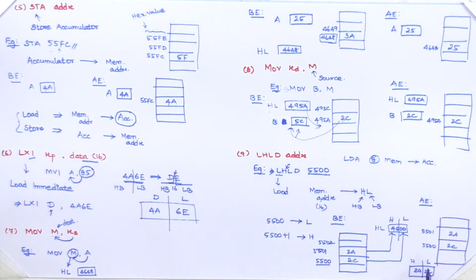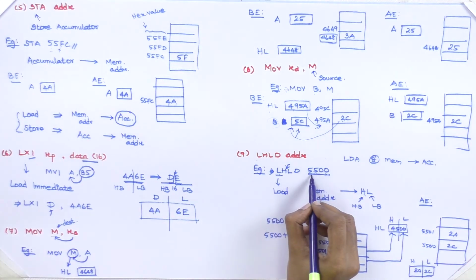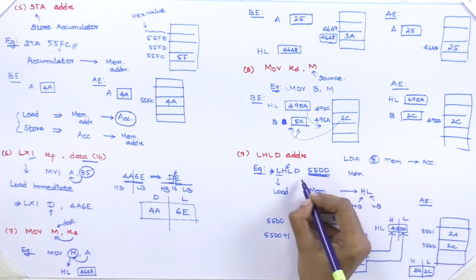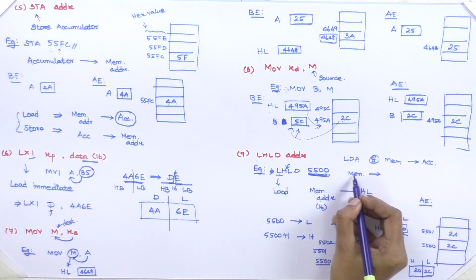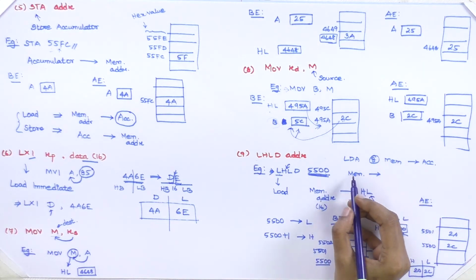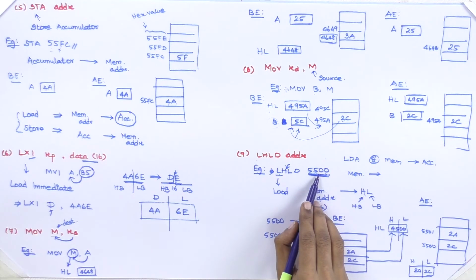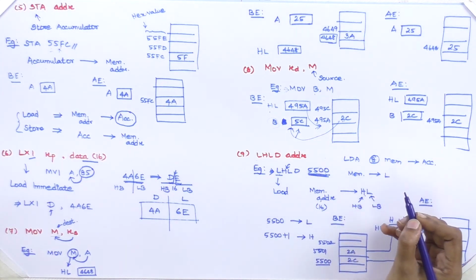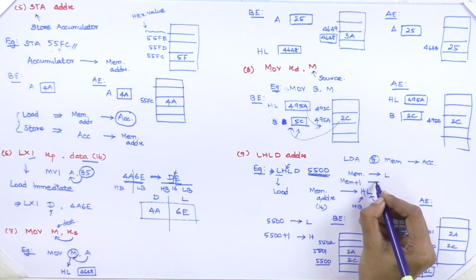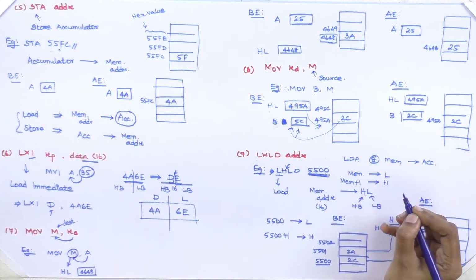Load is nothing but loading the processor with the value from the memory. The value stored in the address mentioned in the instruction goes to L, and the value in that address plus 1 will be stored in H.